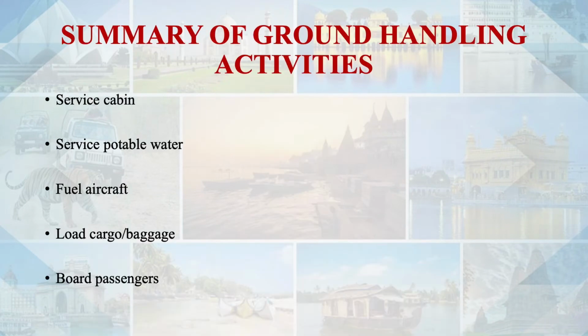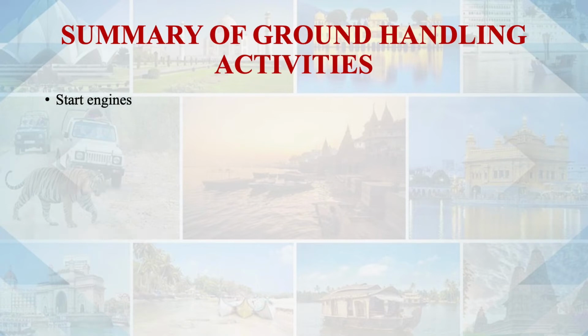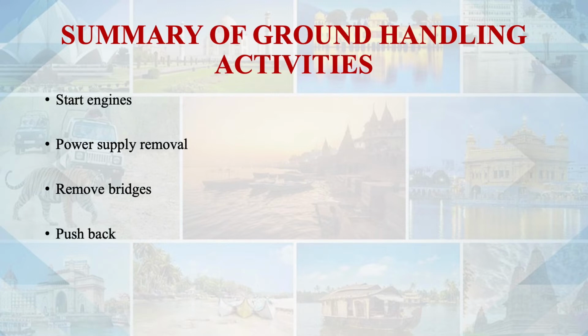Cargo and baggage loading is the next activity. Then engines will be started, power supply will be removed, then bridges will be removed. Then pushback activity. Pushback is very important. Usually there will be a tractor kind of vehicle. It will be connecting to the flight, and it will push the aircraft back until it reaches the taxiway.